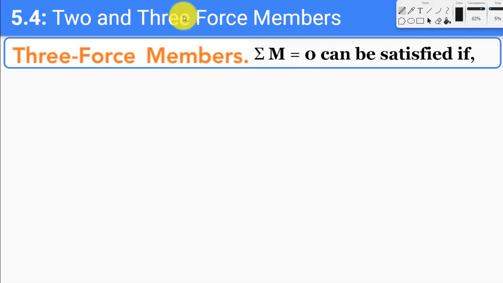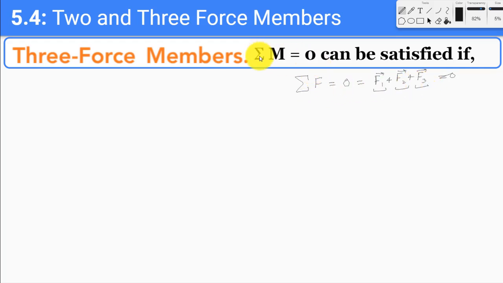So the first condition, sum of all the forces equals 0, does not help us at all, because saying that F1 plus F2 plus F3 is equal to 0 does not help us in determining any single force or put any conditions on these forces.